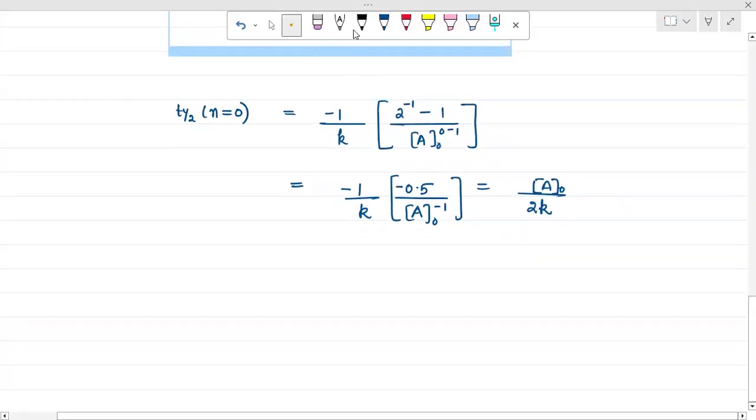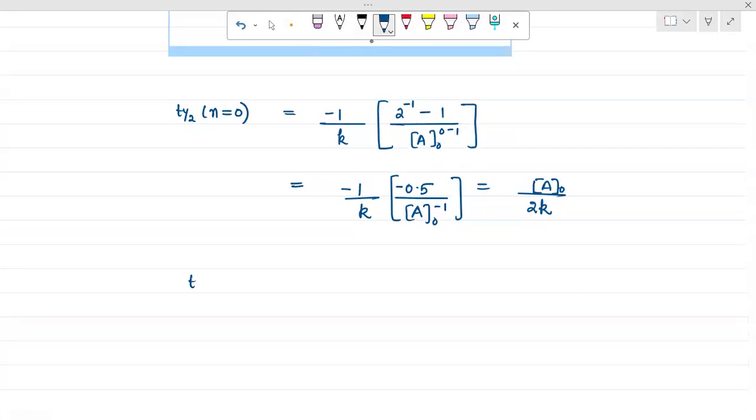We cannot find the T half for n is equal to 1 over here. Not applicable. You will have to know that T half when n is equal to 1 is 0.693 by k. We can try it for n is equal to 2.